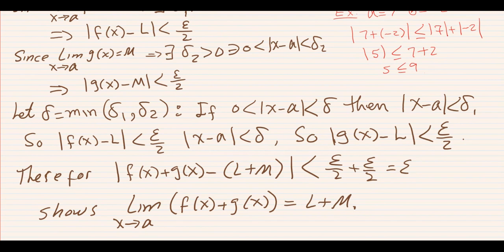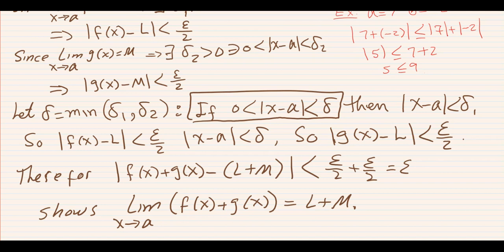Okay, actually I found something I need to add to this. So again, here's where I'm looking. If the absolute value of x minus a is less than delta, so in other words, we're going to let x minus a be less than delta. Remember, we defined delta to be the minimum of delta 1, delta 2, right? So we know that the absolute value of x minus a is less than delta 1.